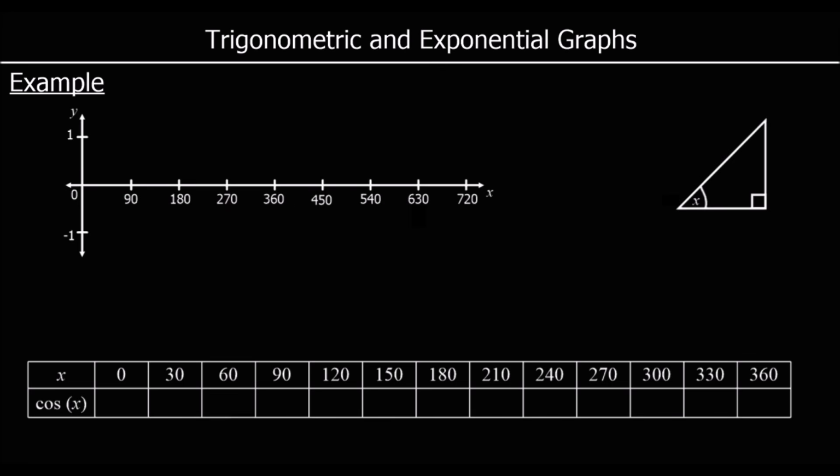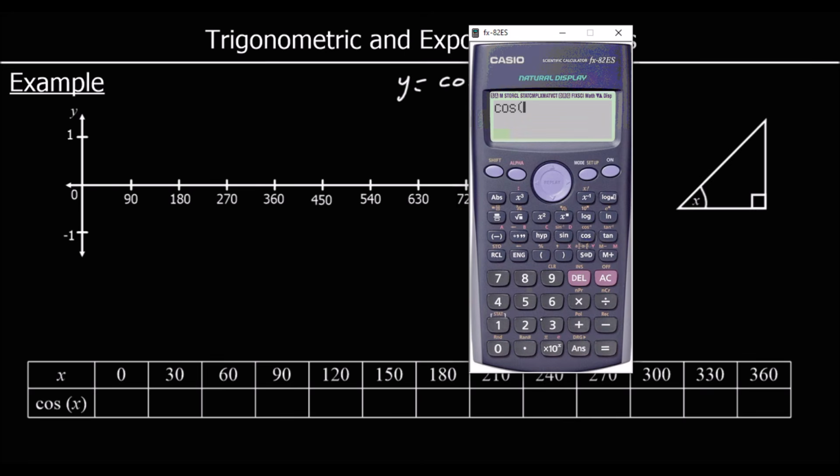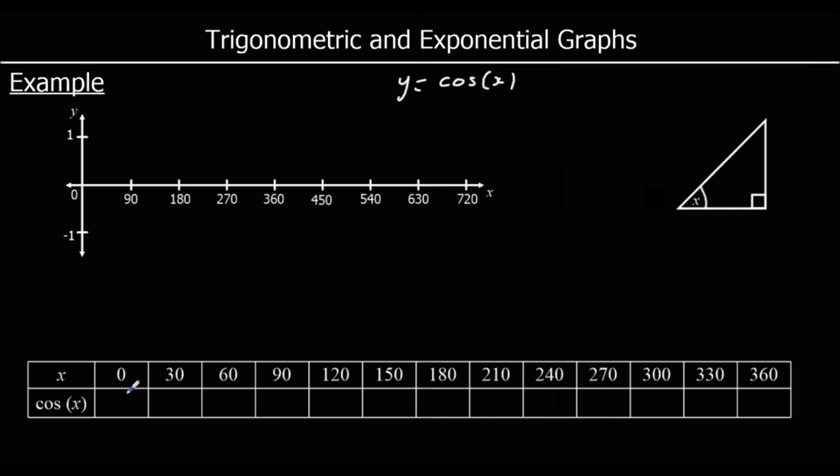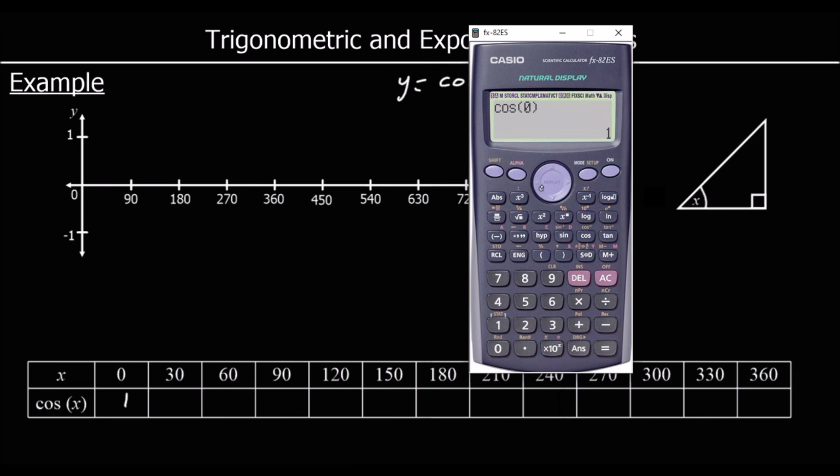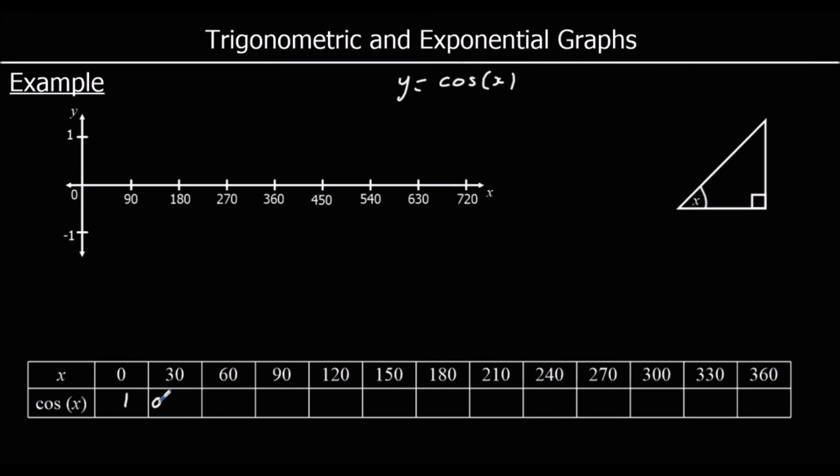Let's look at the cos graph now. So the graph of y equals cos x. Again, we're going to use a calculator to complete this table of values. So cos 0 is 1. Cos 30 is 0.87 to 2 decimal places.